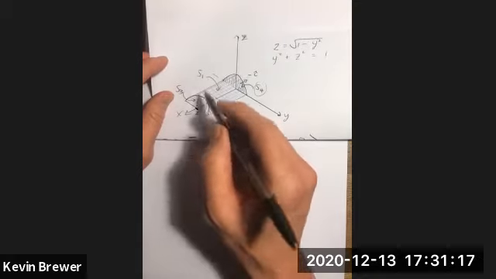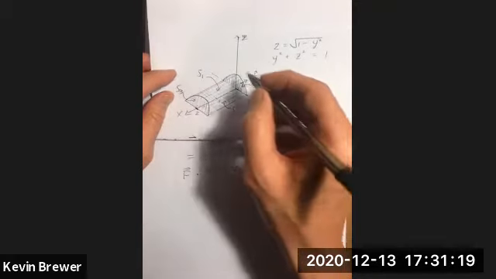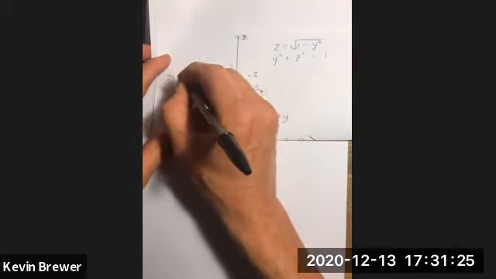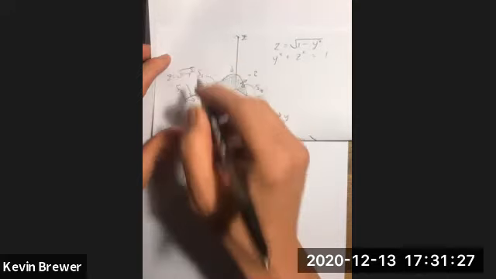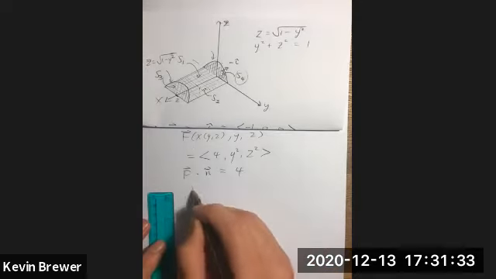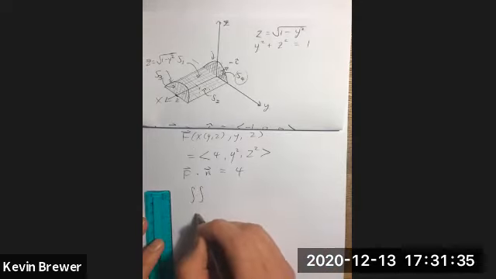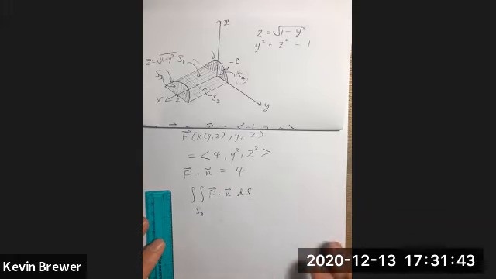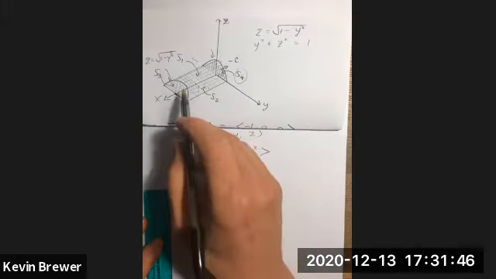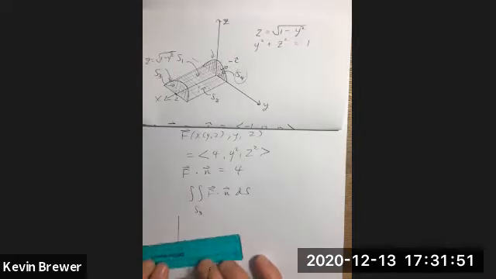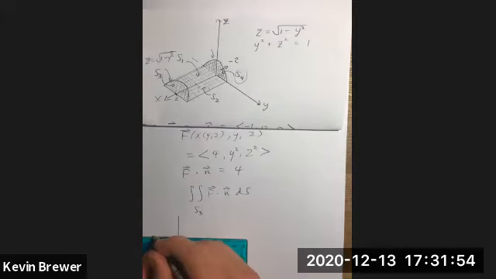Well, I would be inclined to go polar, because really we're integrating over the region in the YZ plane.